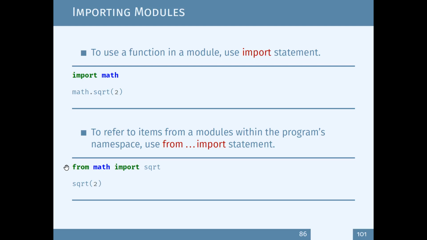The second method is we can say from math import square root function, which means you are going to make available only this function. Because of this, you don't have to use the module name. You can directly use the function name. So these are the two ways.